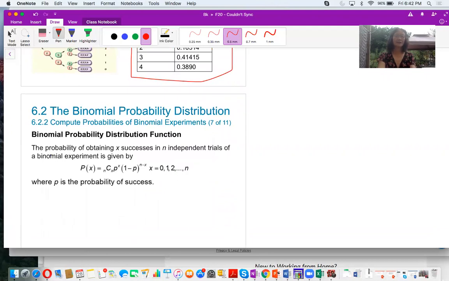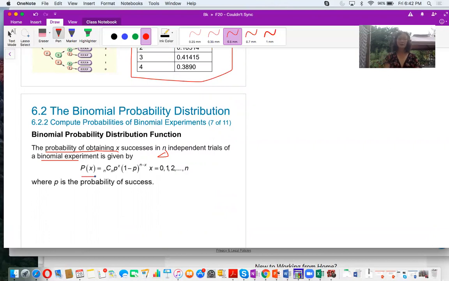And this is the binomial probability distribution. Generally speaking, the probability of obtaining X successes in n independent trials of a binomial experiment is given by this formula.